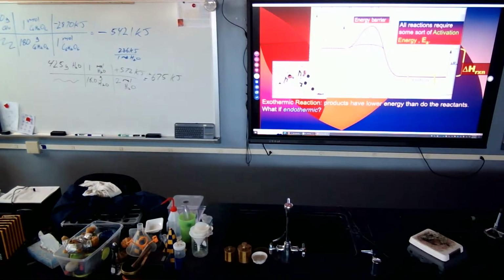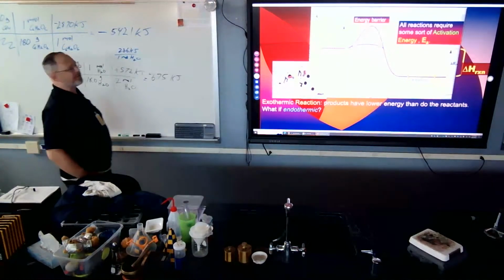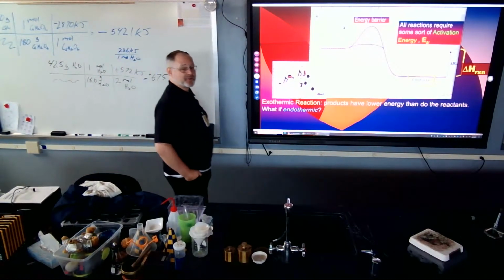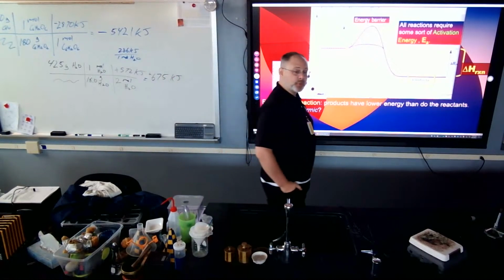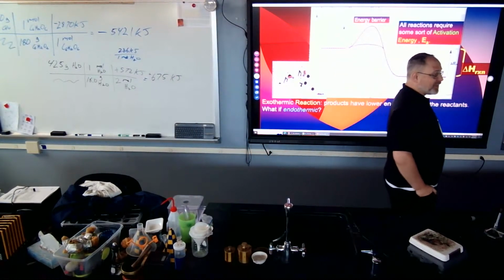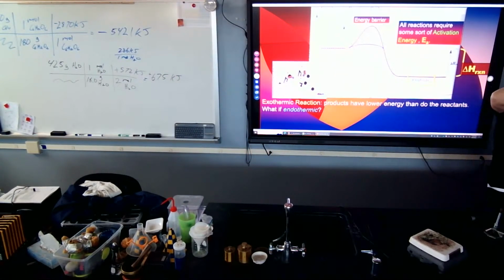In an exothermic process, the reactants are at a higher energy state, and they go to a lower energy state. The difference between where they ended and where they started is the energy they give off to the environment. And is there an energy barrier in an endothermic reaction as well? Yep. All reactions have an energy barrier. Sometimes it is weak, sometimes it's not so weak.